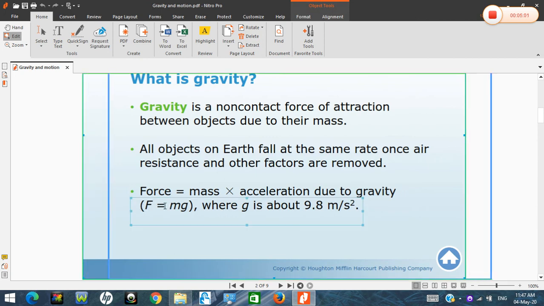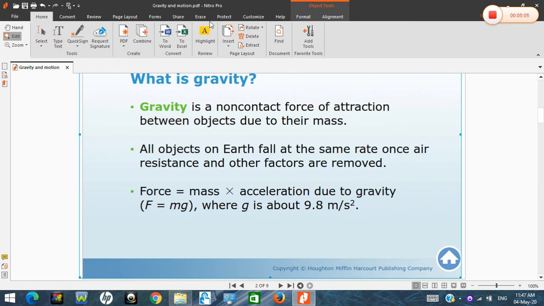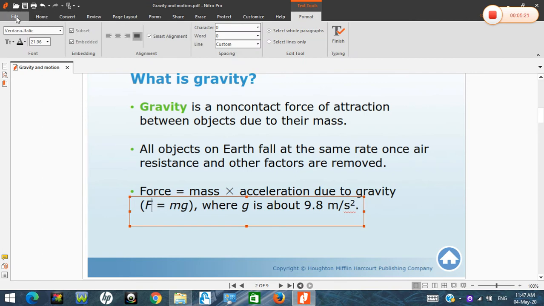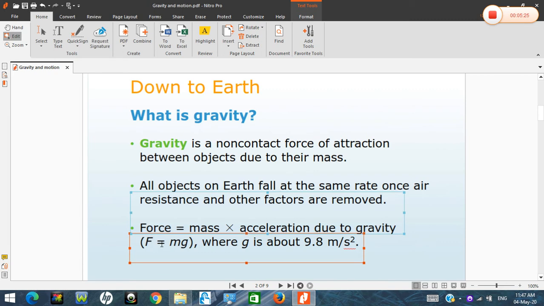So we can write the mathematical relation between force, mass, and gravity in this shape: F equals mg. M is the first letter of mass, g is the first letter of gravity, or acceleration due to gravity, and the value of acceleration due to gravity is 9.8 meters per second squared, or approximately 10.